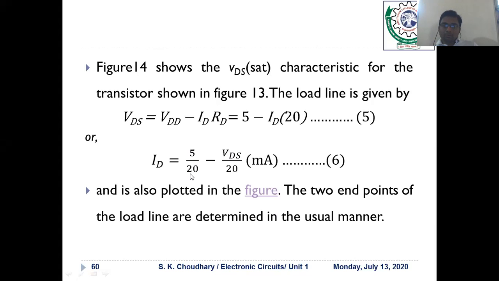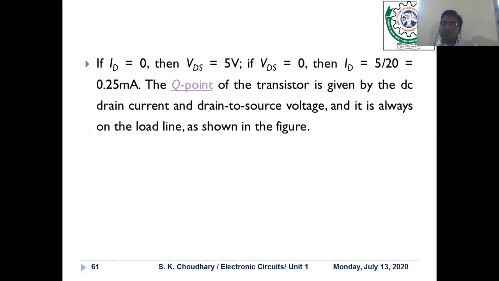Now that is plotted in the equation. So we have to find out the ID max. When you require ID max, you have to put VDS is equal to 0, that is x here. So ID maximum would become 5 upon 20.